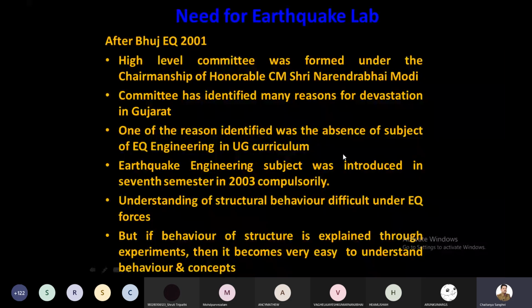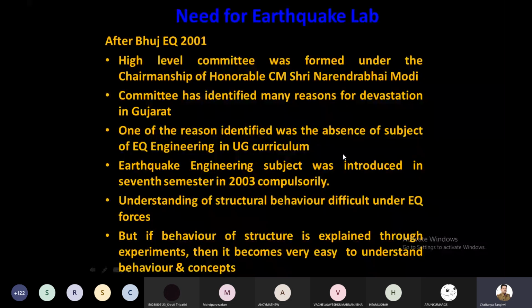And we have worked a lot after the 2001 Bhuj earthquake. Almost 800 buildings we visually inspected, and we found out whether these buildings had significant damage or not, whether people can use the building without repairing or retrofitting.